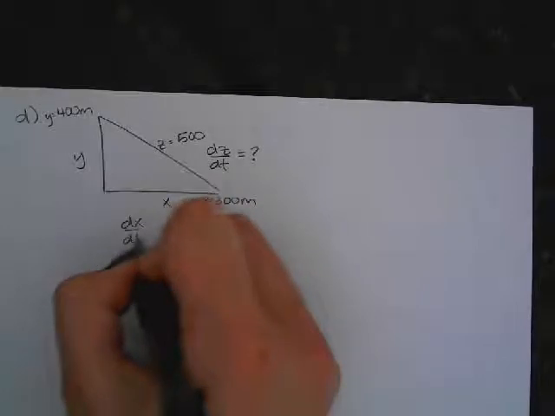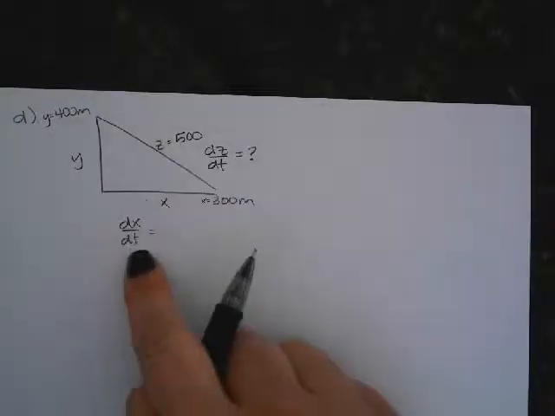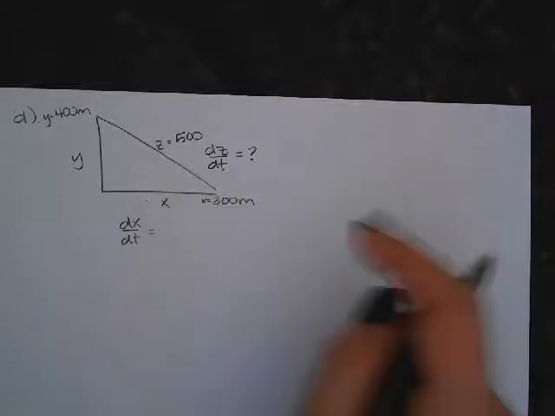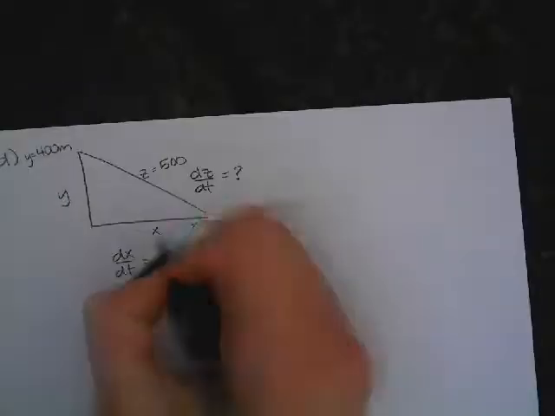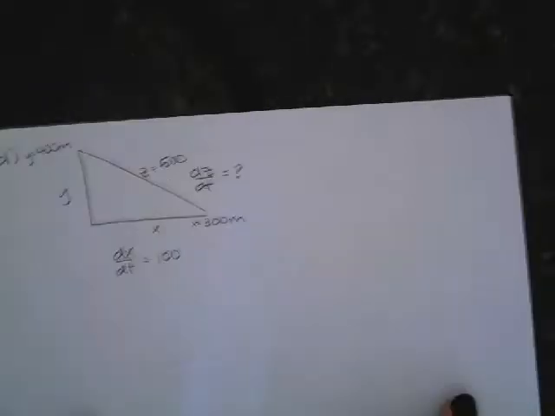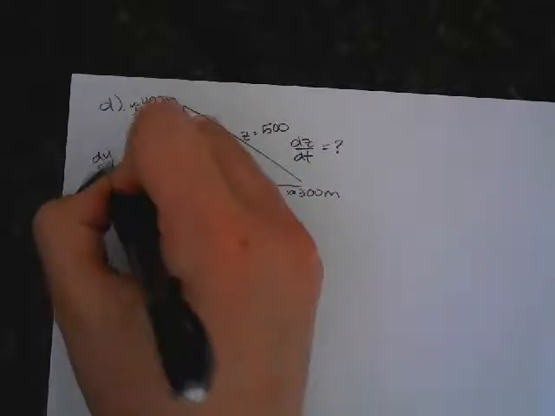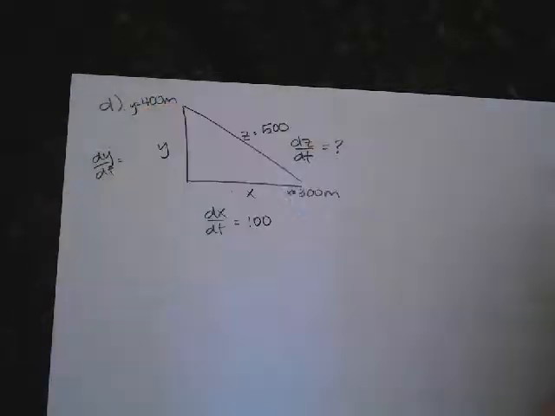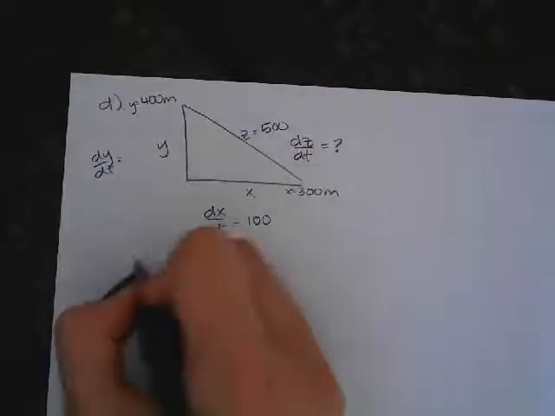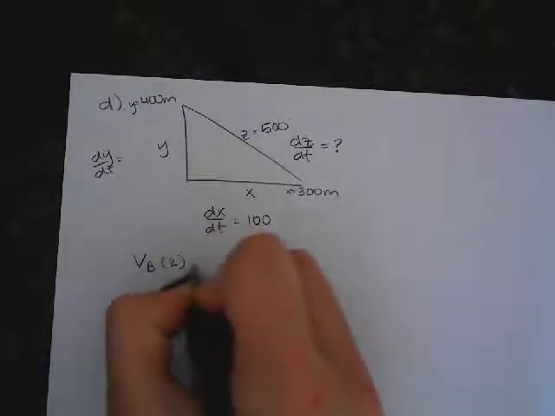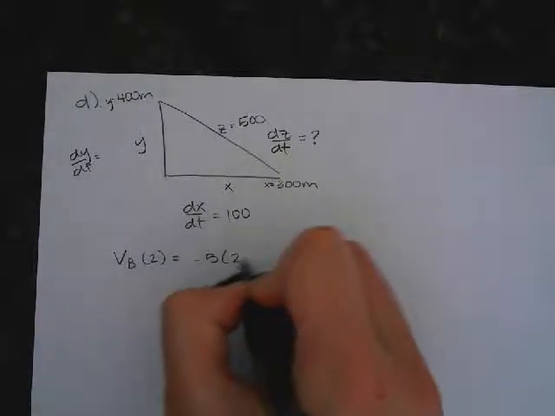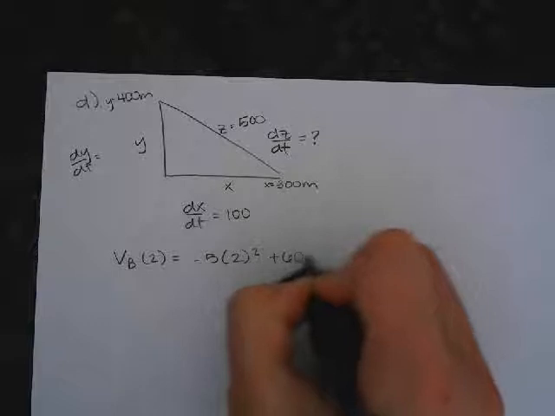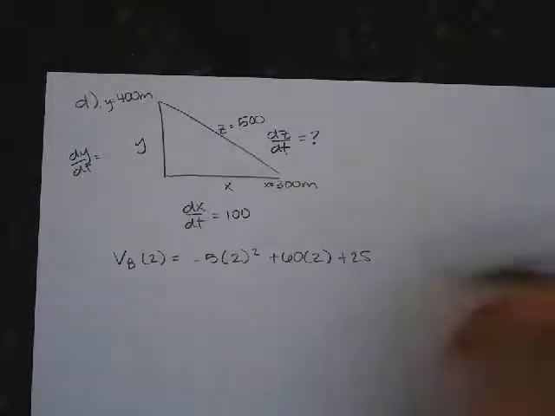dx/dt is the velocity of train A, so that is 100. dy/dt is the velocity of train B, and to do that we have to look at the velocity of train B at time t equals 2. So that's negative 5 times 2 squared plus 60 times 2 plus 25.